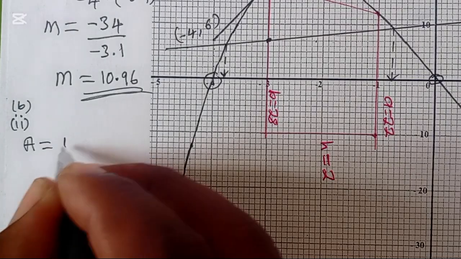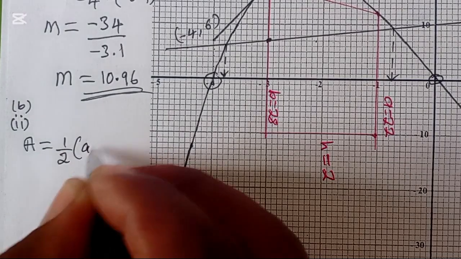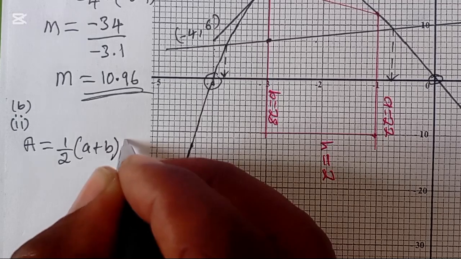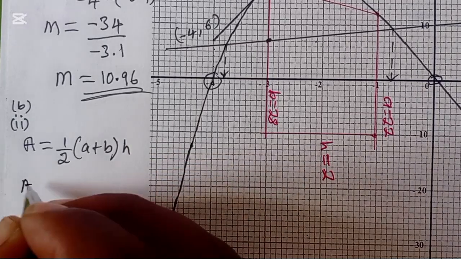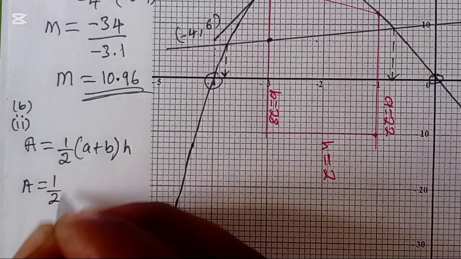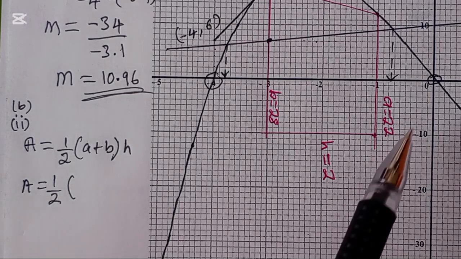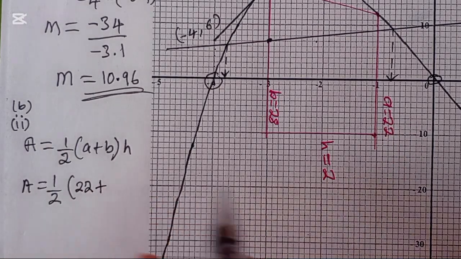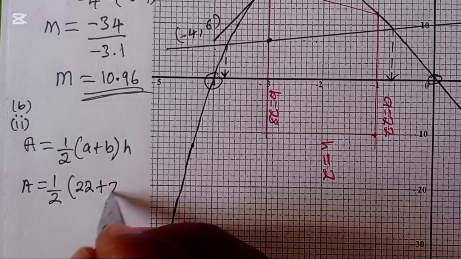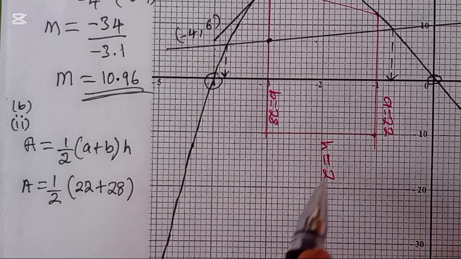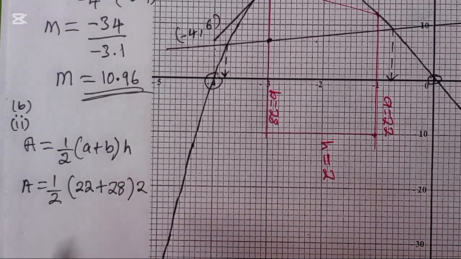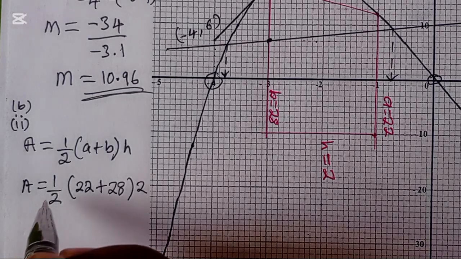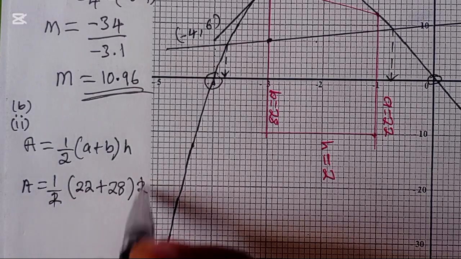So area of a trapezium is half, A plus B, times height. So area of a trapezium is half. A is 22. B is 28. Height is 2. So 2 and this 2 goes.